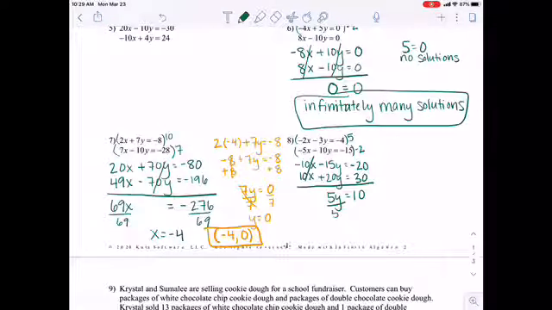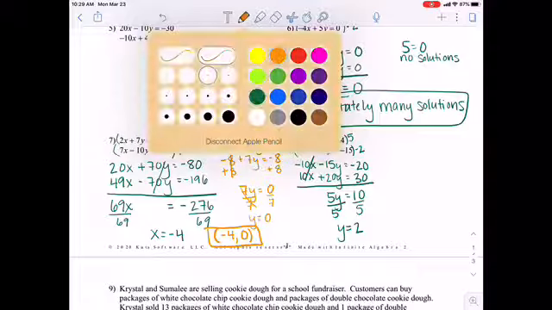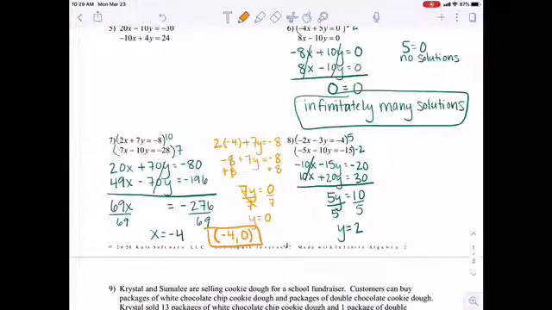If I divide on both sides by 5, I get that y equals 2. Well, now that I know that y equals 2, I can go ahead and solve for the x. I'm going to choose this top equation because I like that the numbers are a little smaller. So I have negative 2x minus 3 times my y number, which is 2, equals negative 4.